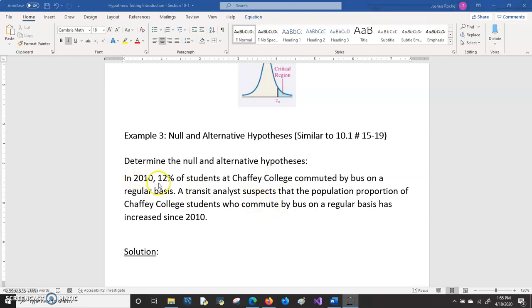In 2010, 12% of students at Chaffey College commuted by bus on a regular basis. A transit analyst suspects that the population proportion of Chaffey College students who commute by bus on a regular basis has increased since 2010.